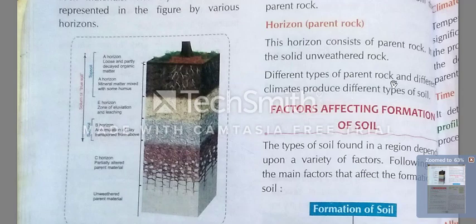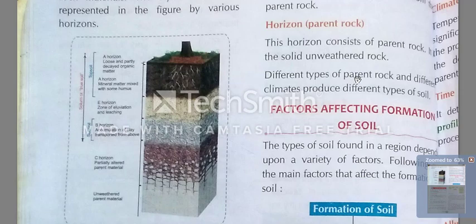Different types of parent rock and different types of climate produce different types of soil. You have seen different types of soil: black soil, yellow soil, many soils.